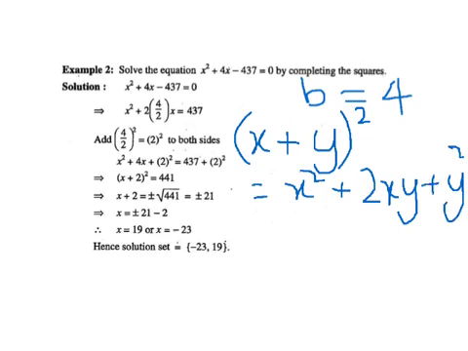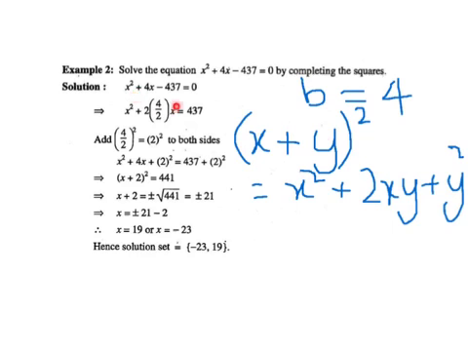Now we will try and break our existing equation down in terms of the equation of a complete square, and we will notice that the x squared and x terms are the same.